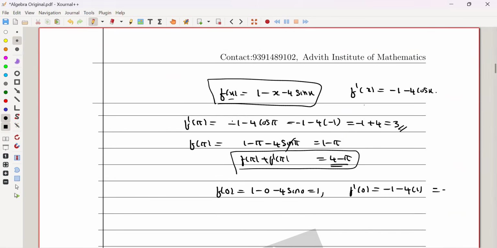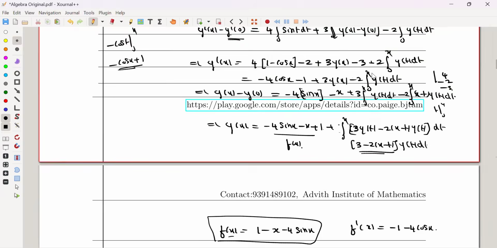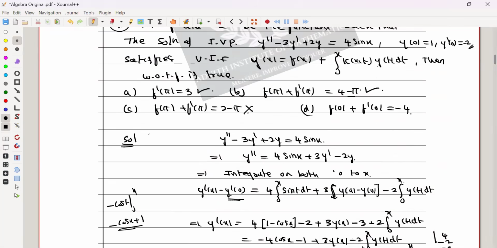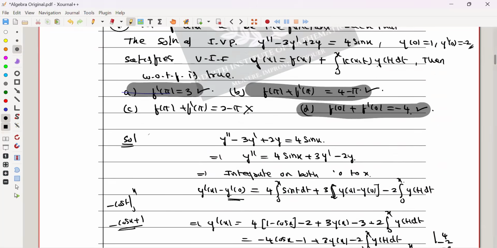So which is equal to minus 5. So therefore f of 0 plus f dash of 0, which is equal to 1 minus 5, so which is equal to minus 4, sir. So option D is also true. So therefore option A, option B, and option D are correct.